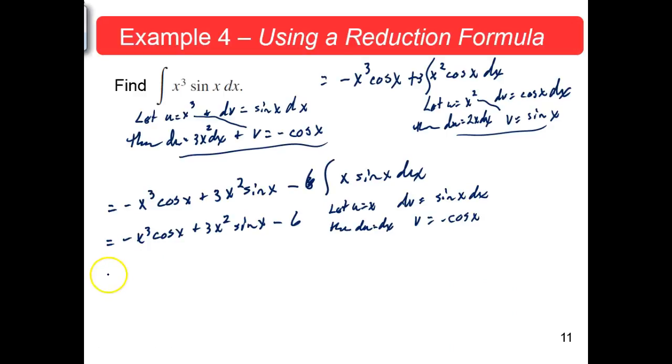Okay. So this will be a minus x cubed cosine x plus 3x squared sine x minus 6 times uv, and that's going to be a minus, so that's going to be a plus 6x cosine x.